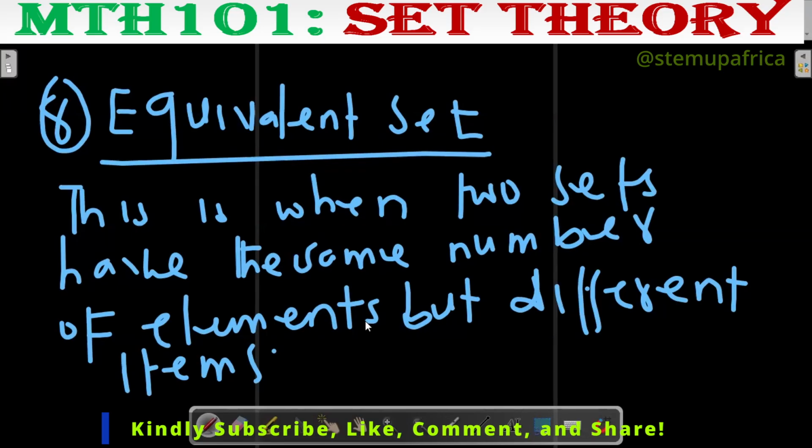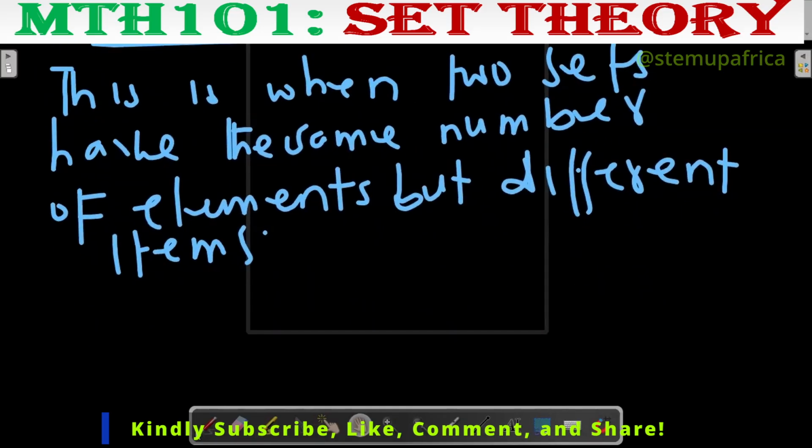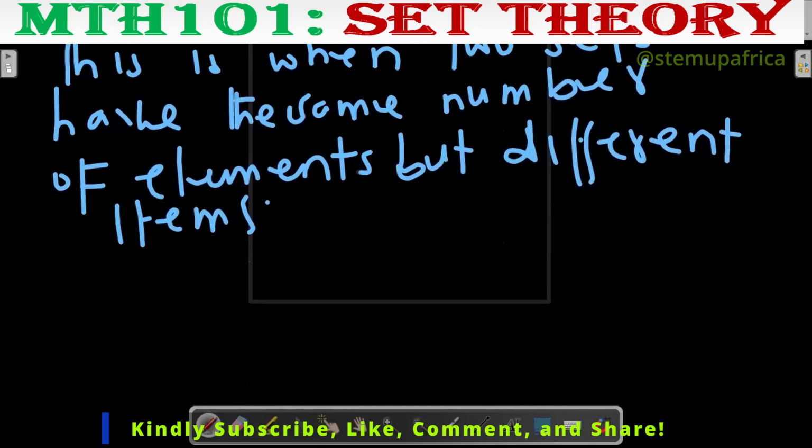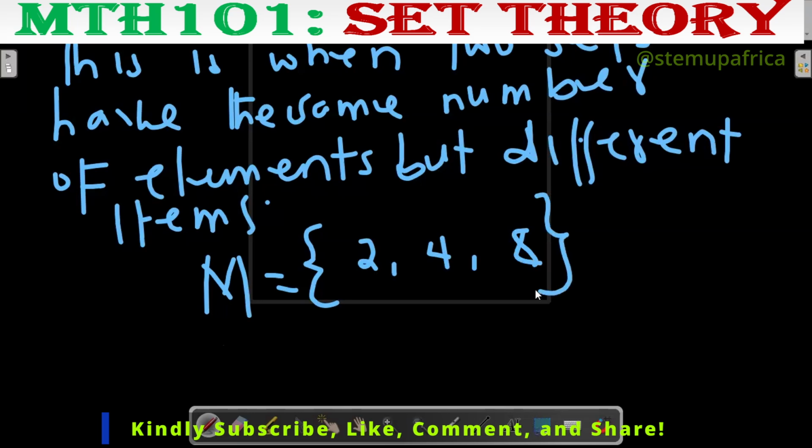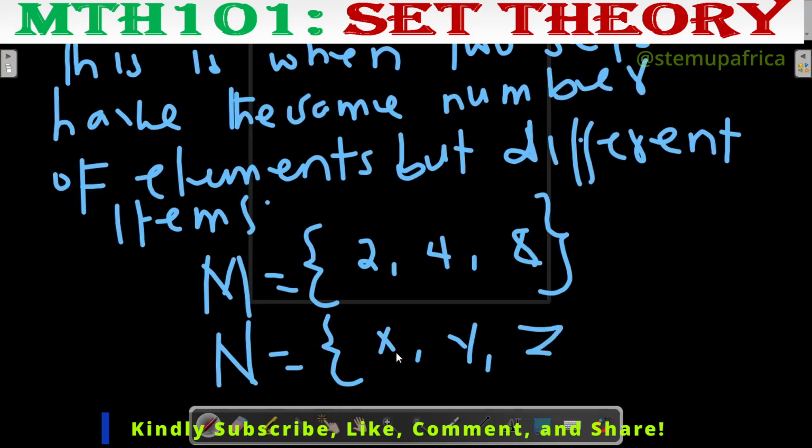So what do we mean by that? Let's take set M for instance. Set M is 2, 4, and 8. Then set N is X, Y, and Z. How many elements are in set M? 3. How many elements are in set N? 3. Are the items the same? No, they are different.